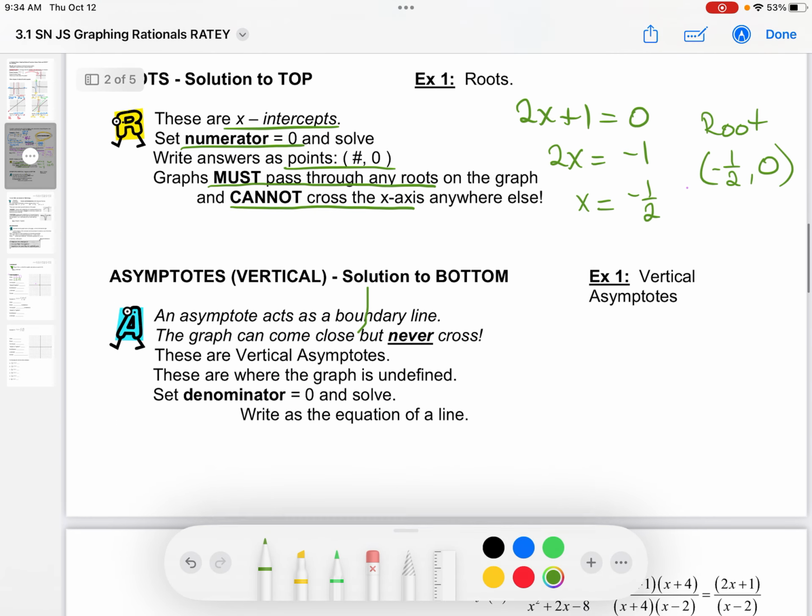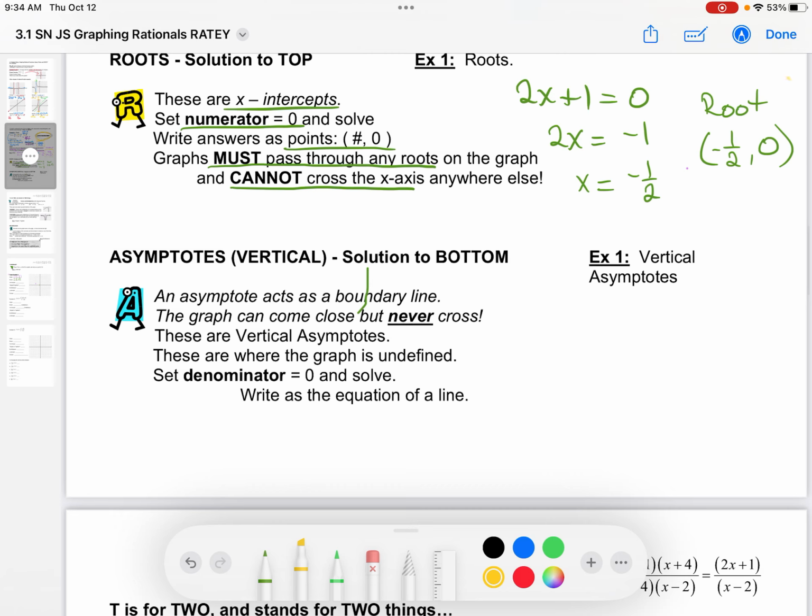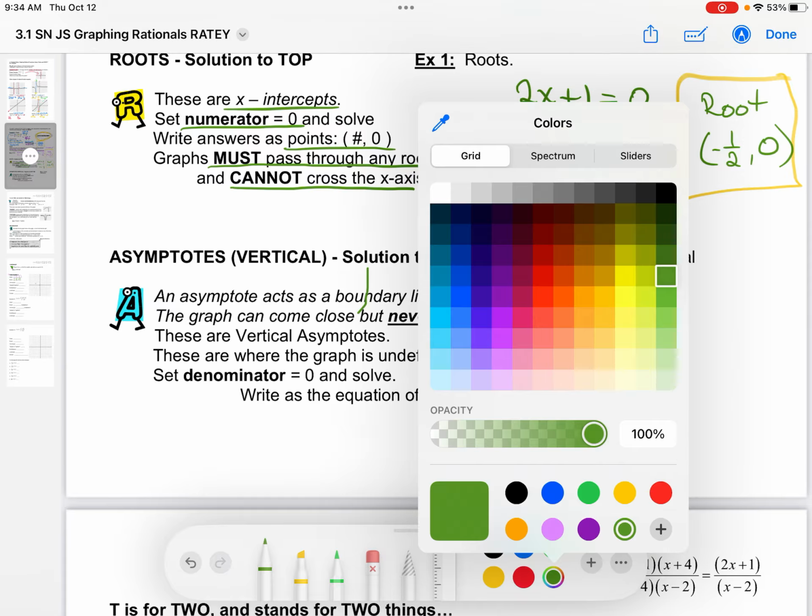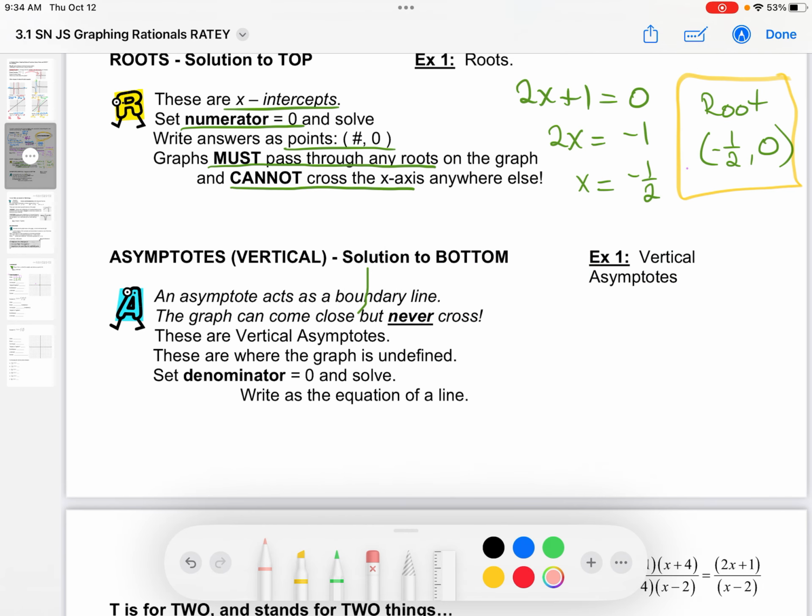Now, something that our polynomial functions last unit did not have are vertical asymptotes. We saw lots of examples of those on the front page. Vertical asymptotes are lines that the graph will approach but not cross. It's a boundary line. The graph will come close but never cross.